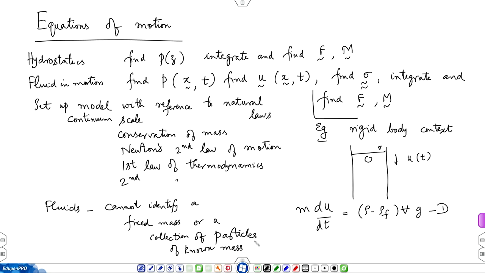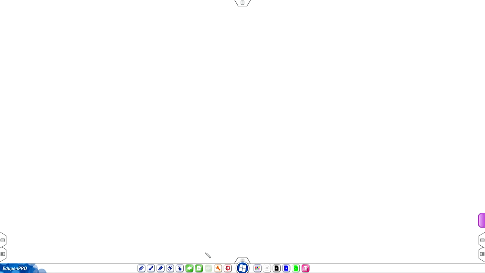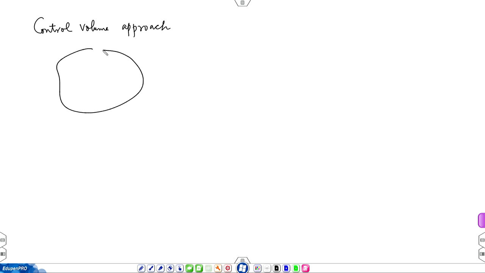Okay, but what you can identify is a fixed volume. I just say this is my volume, that is it, the volume is fixed, and flow is taking place through that volume.